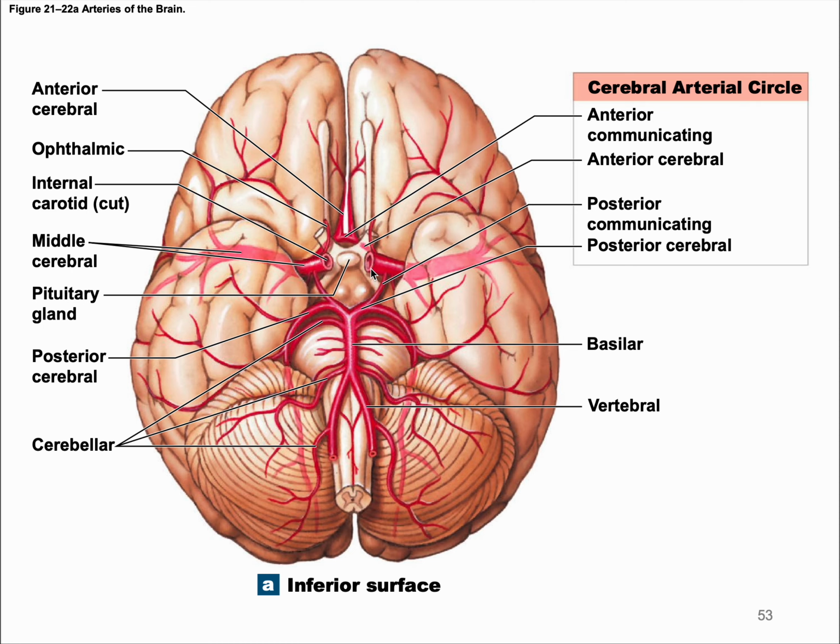What it does is connect your posterior to the middle cerebral artery. That's called the posterior communicating artery. So the internal carotid, middle, posterior communicating arteries, and anterior communicating arteries make a structure called the circle of Willis.